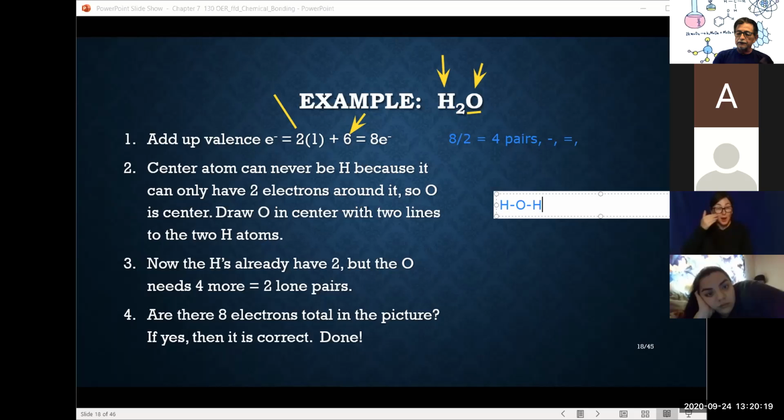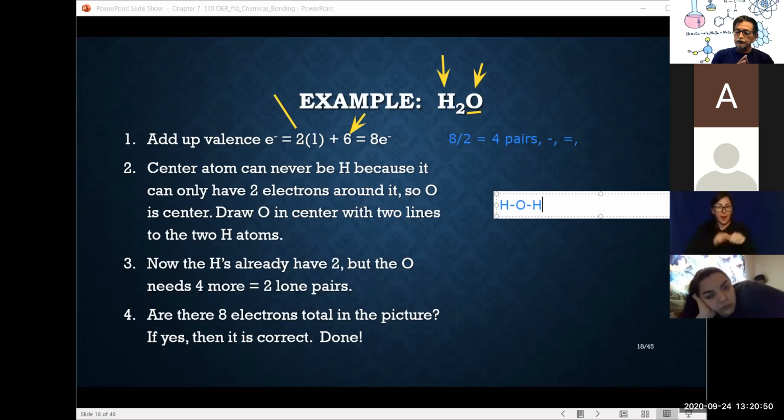Each line represents a bond. So I took care of 2 pairs. So I have 2 pairs left to work with because I have a total of 4 pairs from the beginning. The thing to remember is once you calculate the valence electrons, that is what you work with. You can't arbitrarily add more valence electrons because you can't create them, especially if they come from a specific group. That's the number you have to work with, okay?